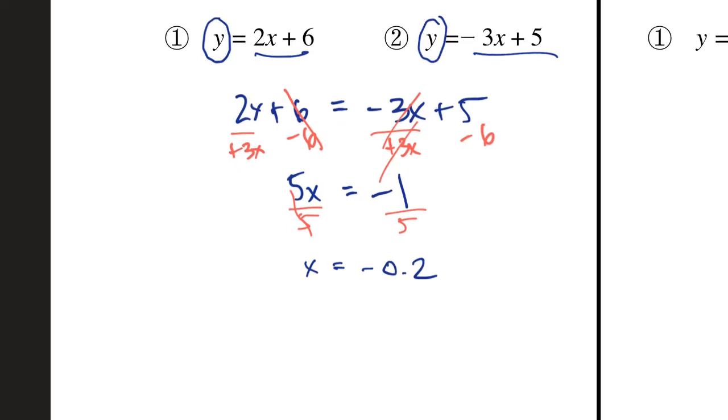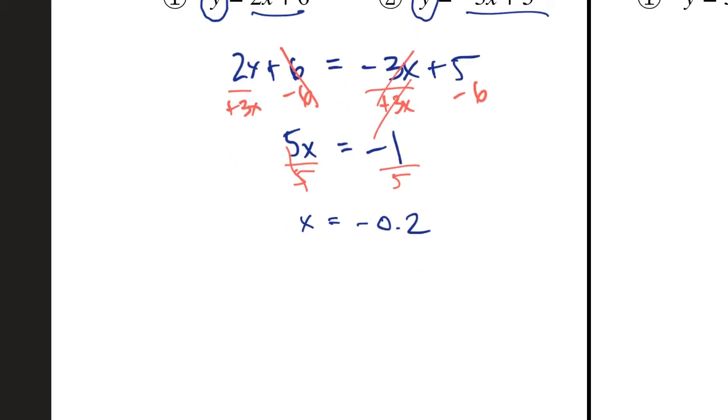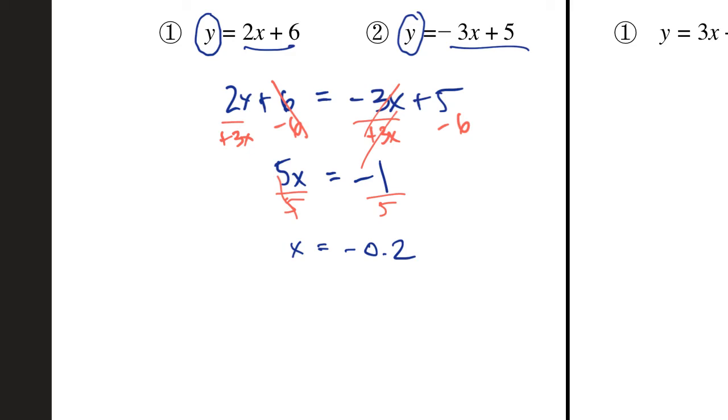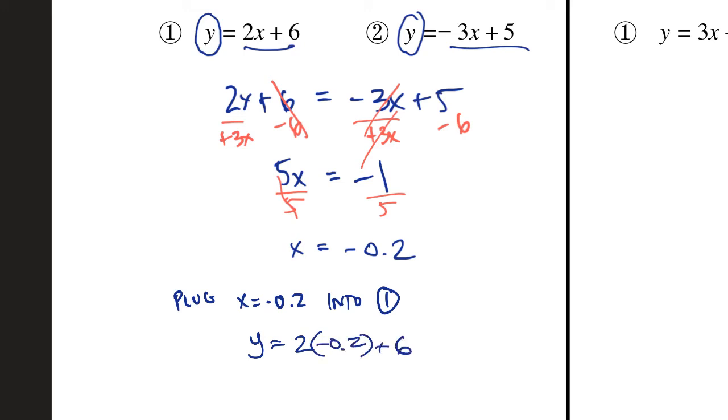In this case, it's actually pretty easy because both of them have y equals. So I'm going to plug x equals negative 0.2 into, which equation looks simpler? I think the first one, equation 1, looks simpler because it doesn't have a negative. So y equals 2 times negative 0.2 plus 6.